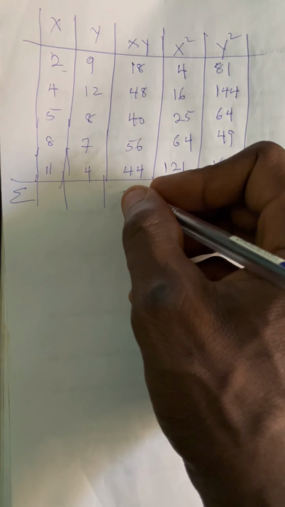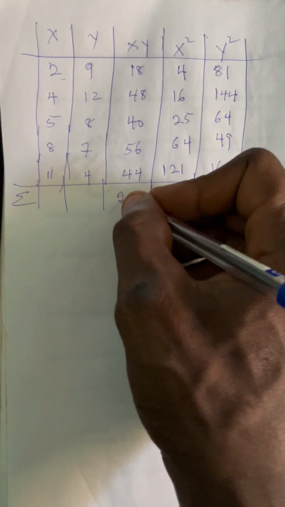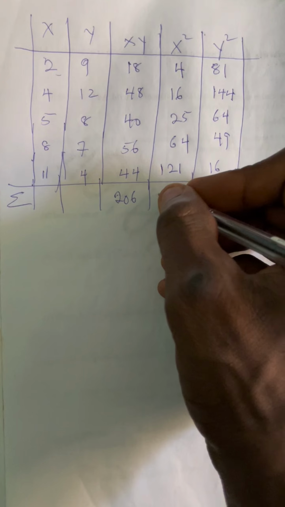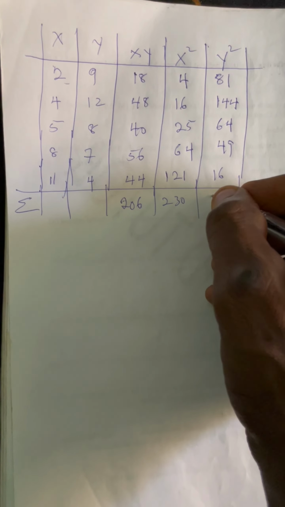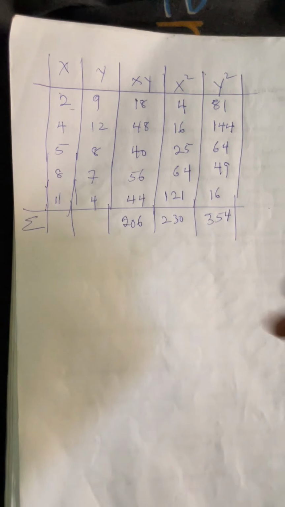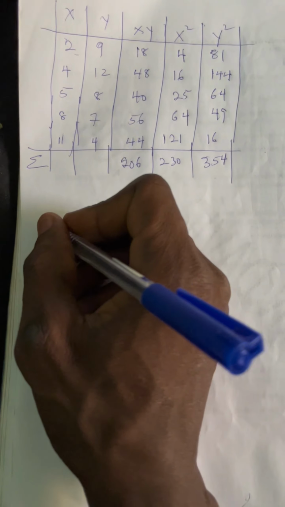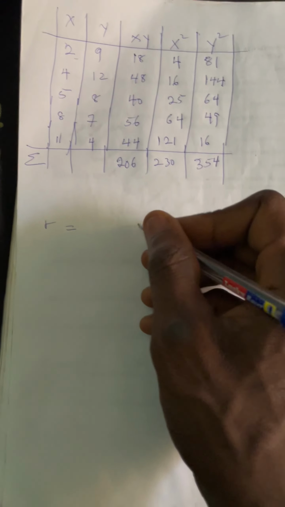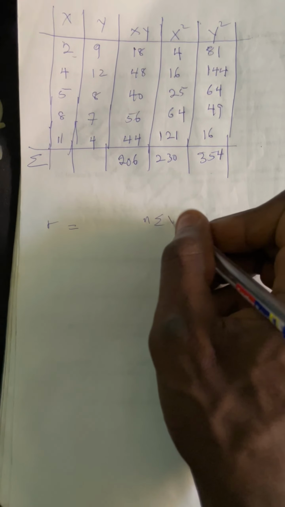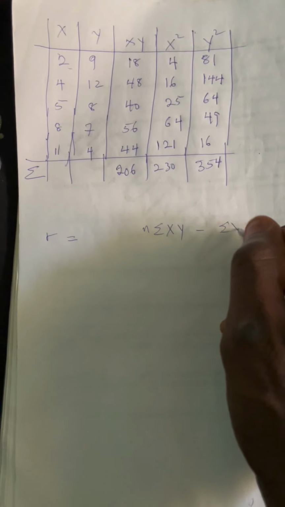Now, what's the summation of all this? This xy should give us 206. This one should give us 230. This one should give us 354. Now, let us see. The formula for the correlation coefficient for the uppercase is n summation xy minus summation x summation y.